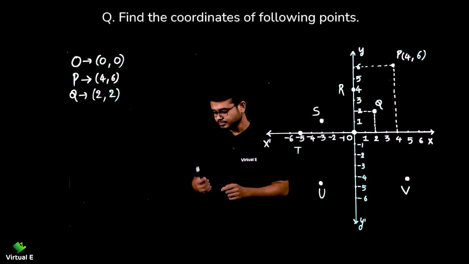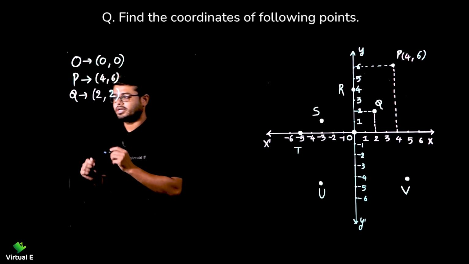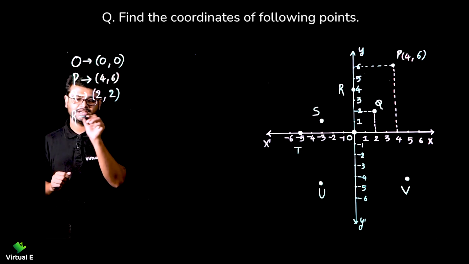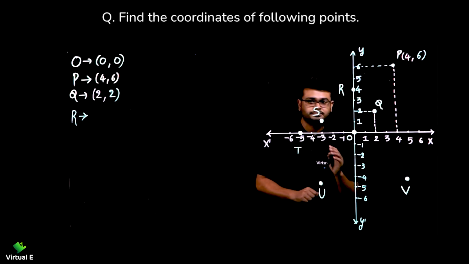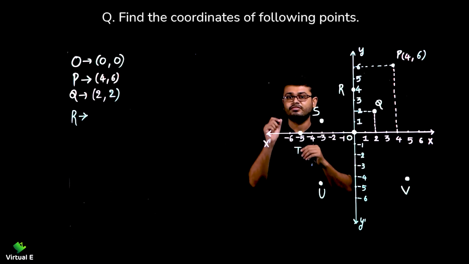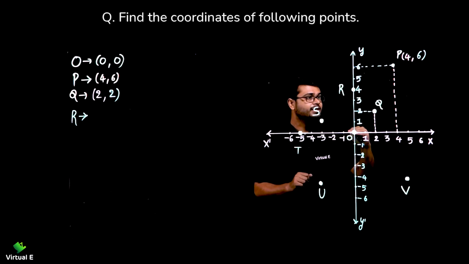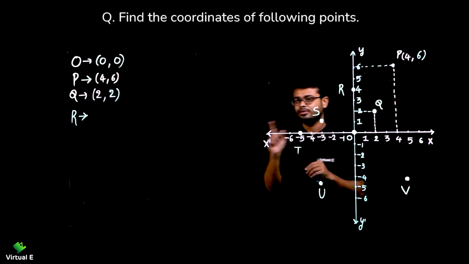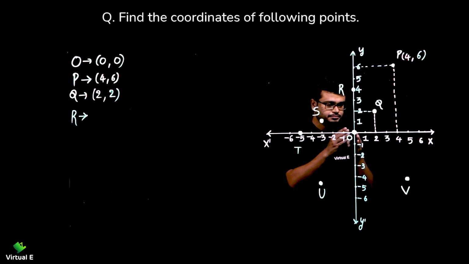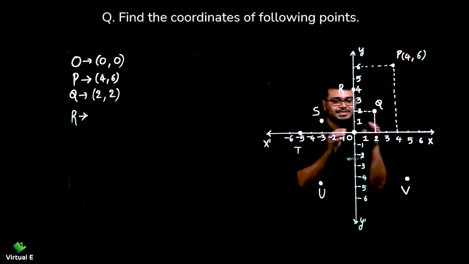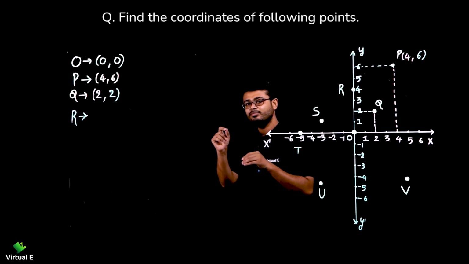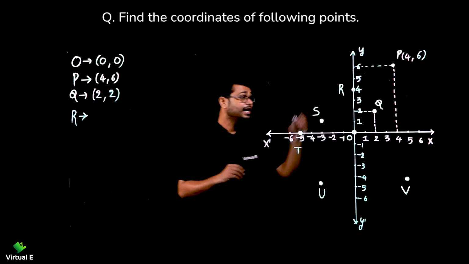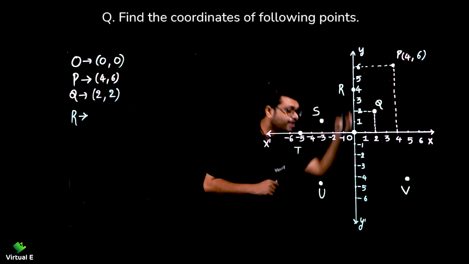Now let's move to the next point, R. R is a very interesting point. If you want to draw the perpendicular distance from the x-axis, you must be thinking that it is 4. No, it's not 4. See, on the x-axis, it's actually not moving left or right. It is only moving in the upper direction, on the y-axis.